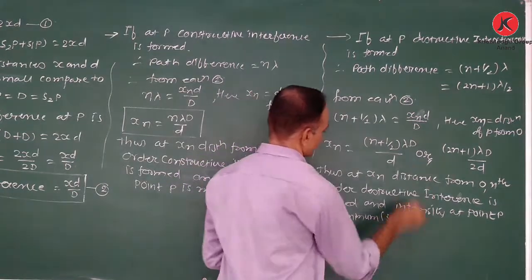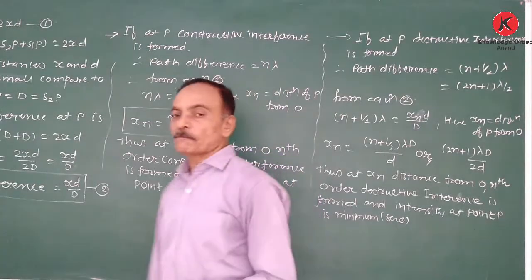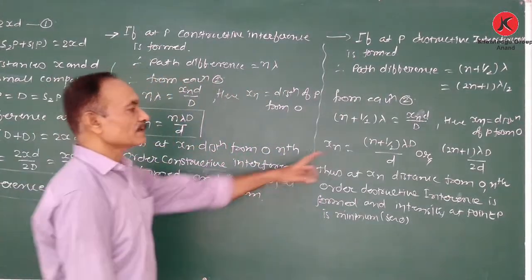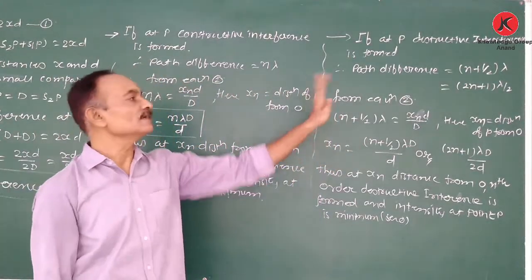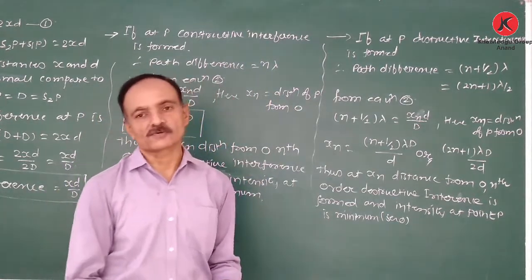So here the importance of obtaining the equation of the path difference is that on the basis of the path difference we can judge the intensity at point P at which the two waves are superposed.